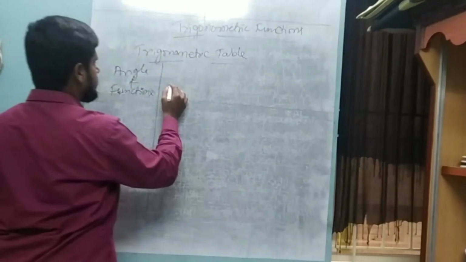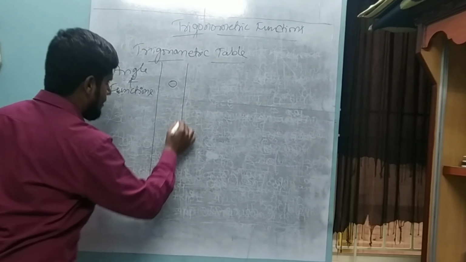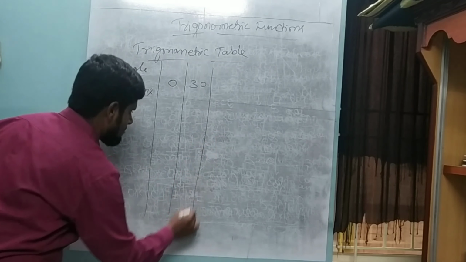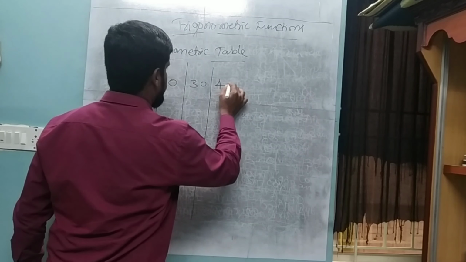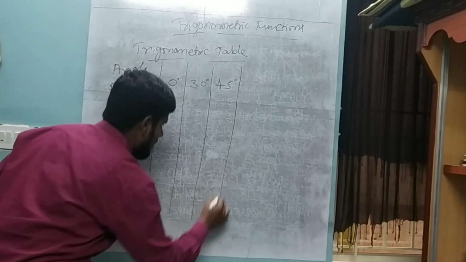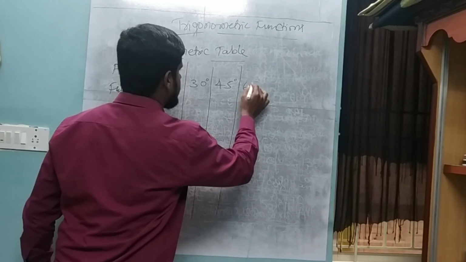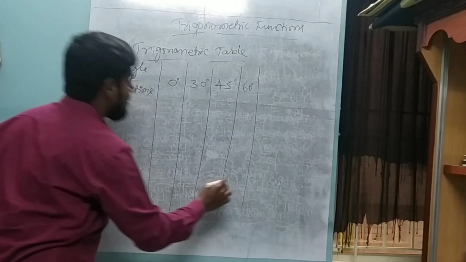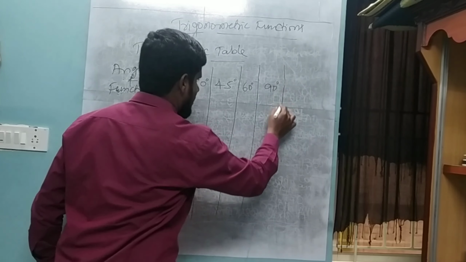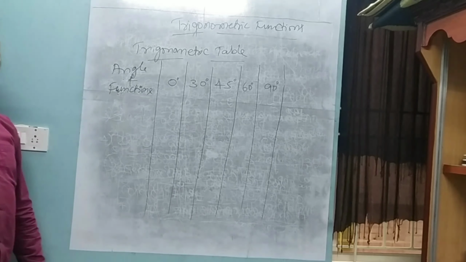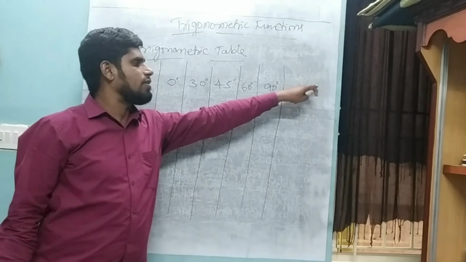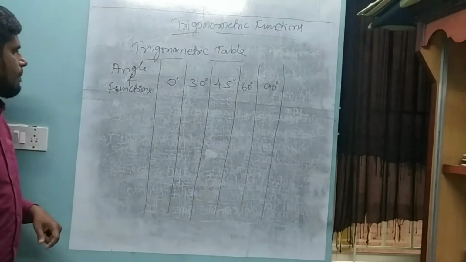So student, here first 0 degree, 30 degree, 45 degree, 60 degree, and last is 90 degree. Student, till 90 degrees minimum. After this, a few more degrees are there, that is 180, 270, 360. That we'll discuss later.